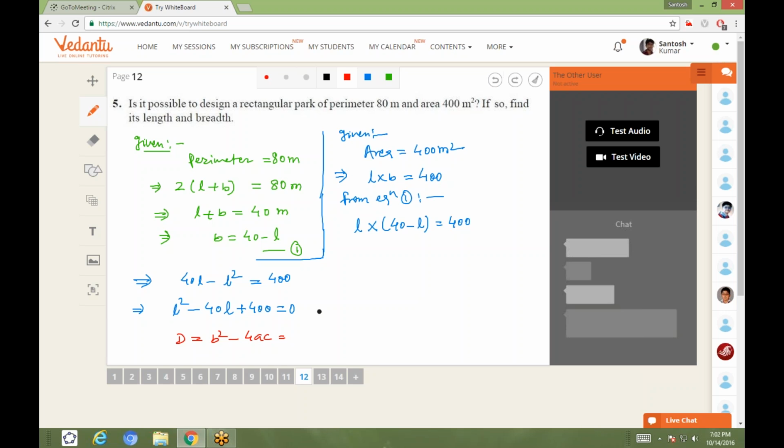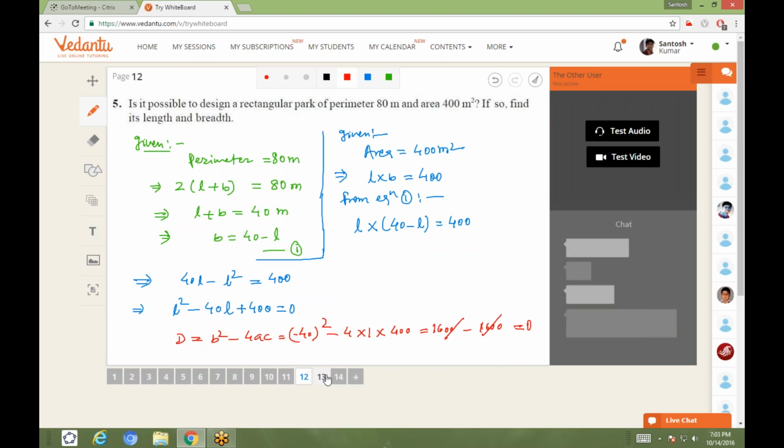Good. Why? Because B is minus 40, so 40 square minus 4AC, which is 1600 minus 1600, coming to 0. So since D is 0, we will have two real roots, and those will be equal.